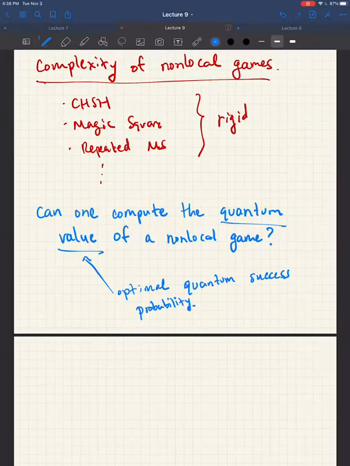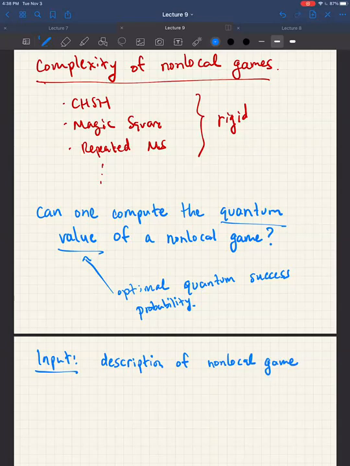So what do I mean exactly? I should formalize this as a particular computational problem. The input to this problem is going to be a description of a non-local game. Well, a game just consists of two things.